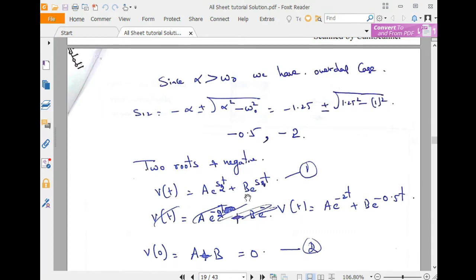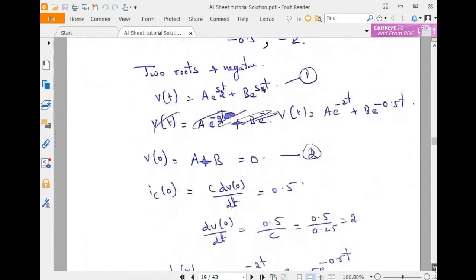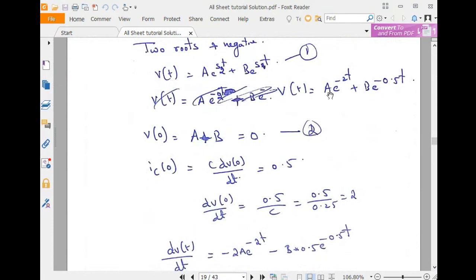We have this formula: A e power S2t plus B e power S1t. Now substitute the values of S1, S2. S1 is minus 0.5, S2 is minus 2. Then this is the standard equation you got.